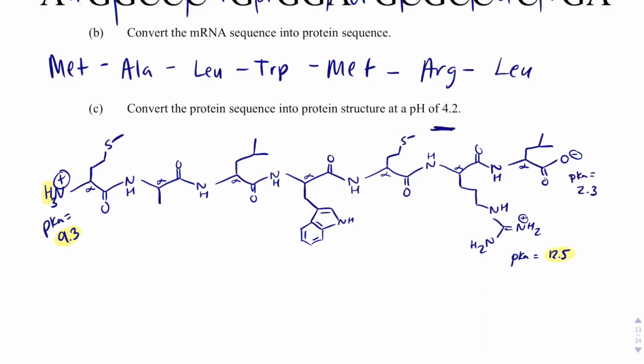The pKa for one of these H's is 12.5, meaning I have to get past that pH in order to take off that H. So let's just change the problem and say we're at a pH of 10.0. Here's what changes. We've crossed that one, so that H was already taken off. We've just crossed this one, so this turns into NH2, and it's neutral. And we have not crossed this one, and so that's the only thing that changes there.